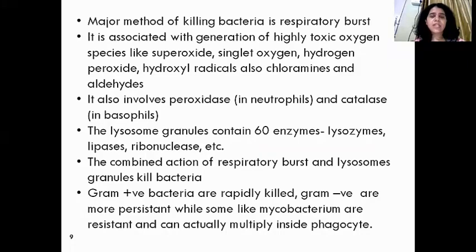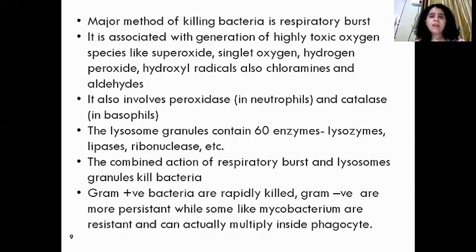Now, the killing process of the bacteria is usually divided into two parts. One is the oxygen dependent killing, also called the respiratory burst, where different kinds of reactive oxygen species are formed, like superoxide radicals, singlet oxygen, hydrogen peroxide, and hydroxyl radicals. These radicals cause oxidation of that particular bacteria and result in the death of the microbes.